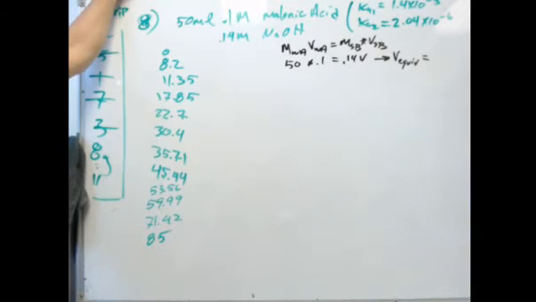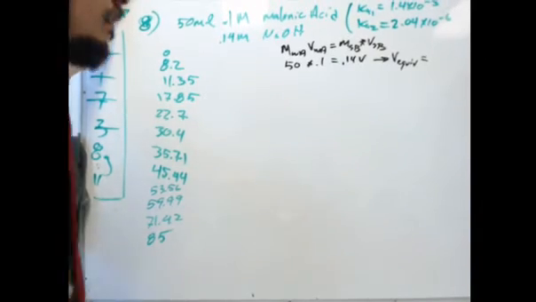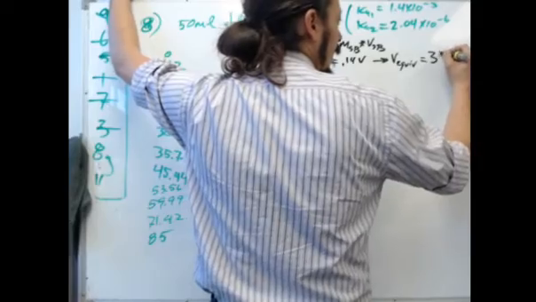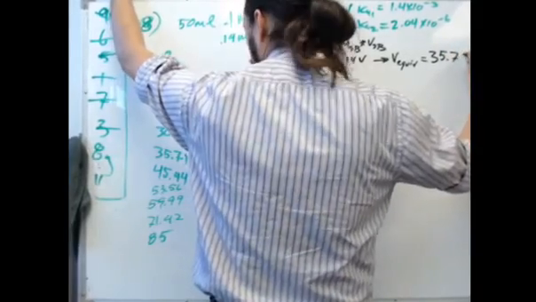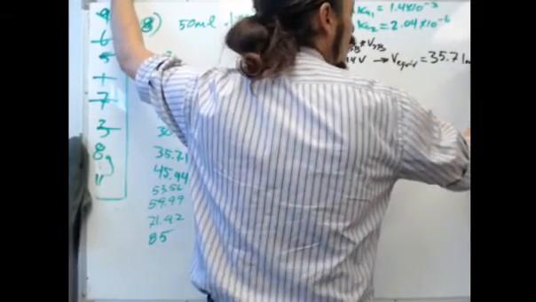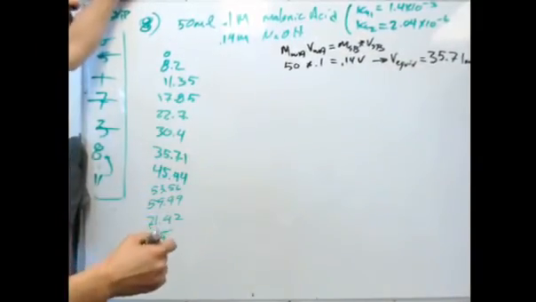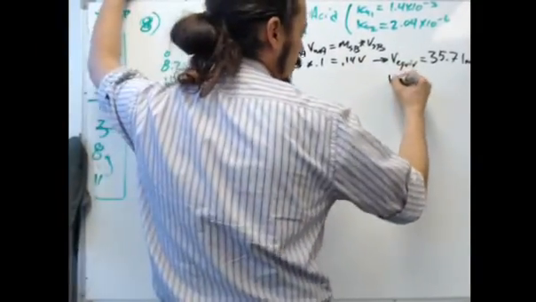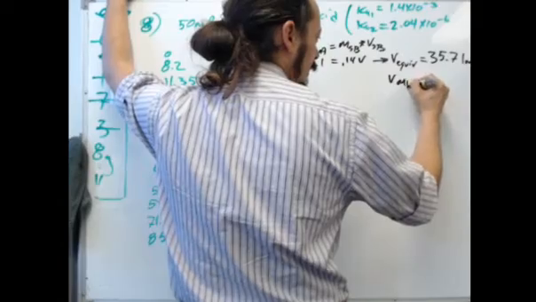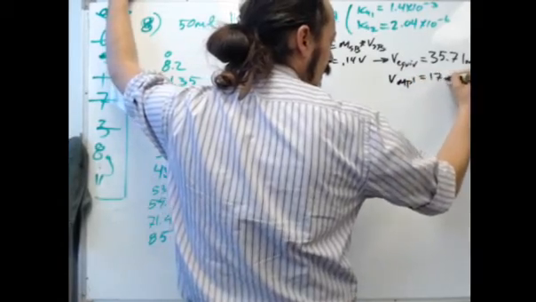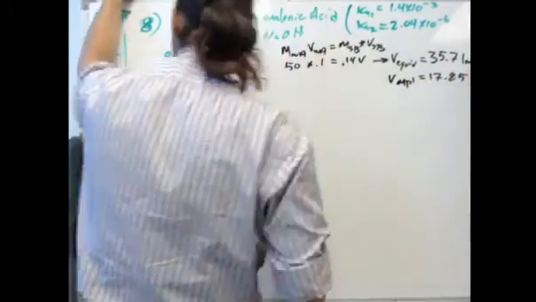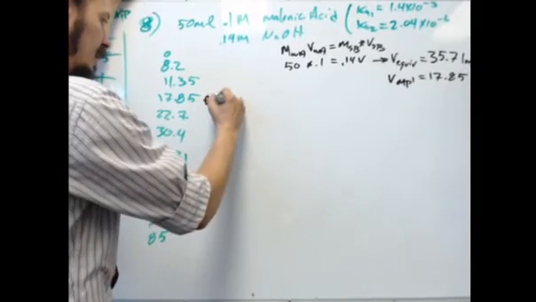The first equivalence? Yeah, I got 35.71. Cool. So, what's half of 35.71? 17.85. So we can start looking at some things.